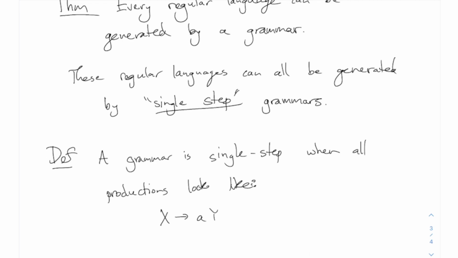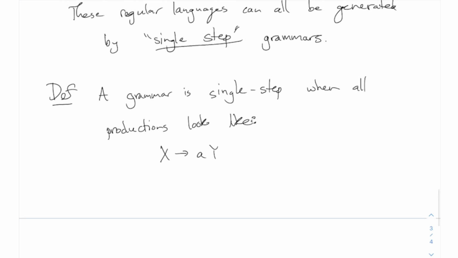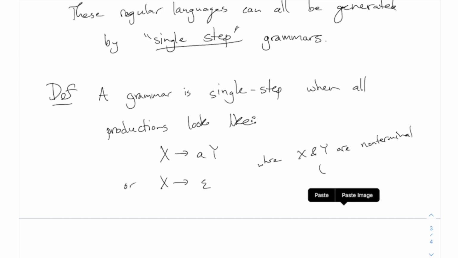either X goes to aY, where X and Y are some non-terminals, or X goes to the empty string, right? If you can write it using only productions of that form, of course joined together by the or symbol, then it's called single step. I'll say where X and Y are non-terminal, and of course perhaps X and Y are the same.